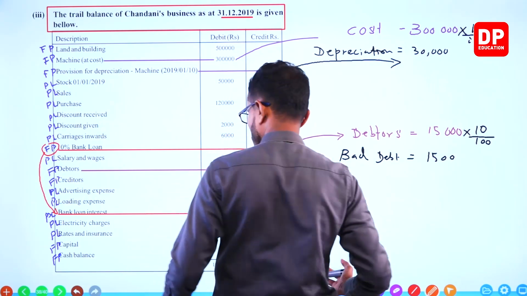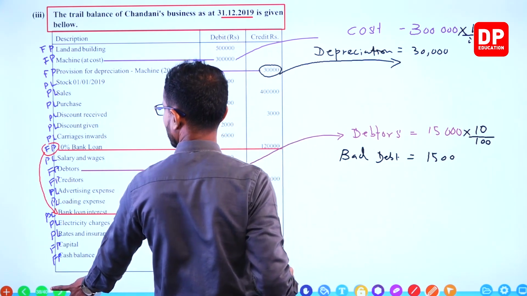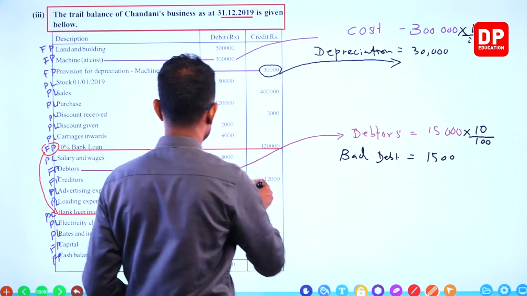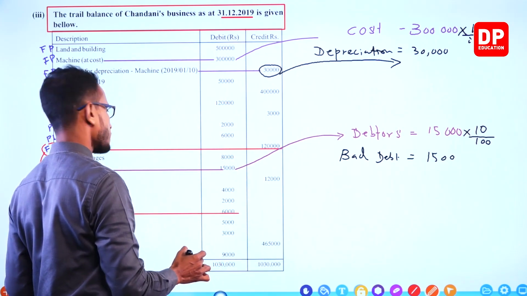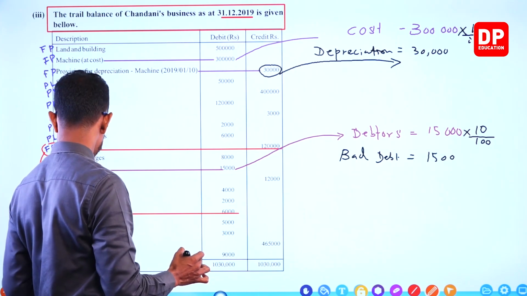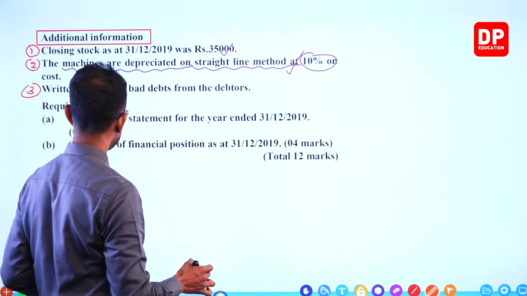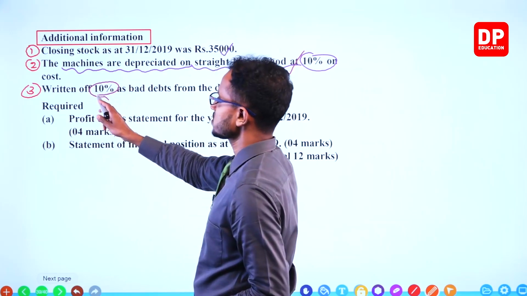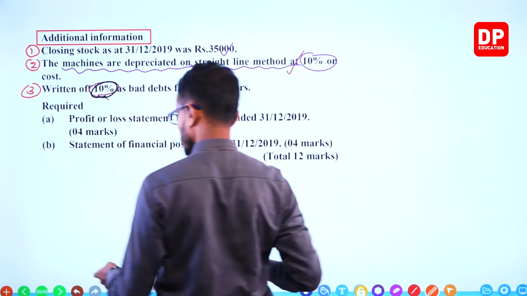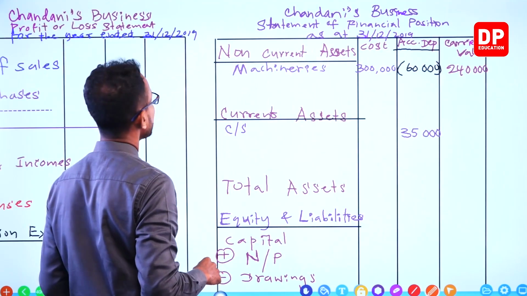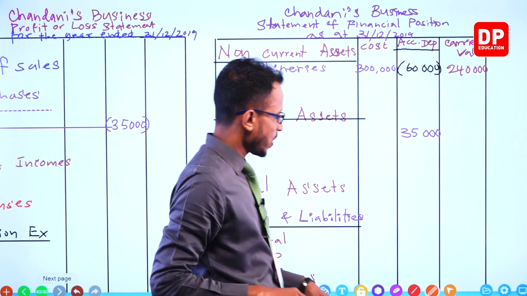Bad debt. Now you go and record that. From debtors 15,000, you took 10%, because they say 10%. You took 10%. Calculated. Where to record?